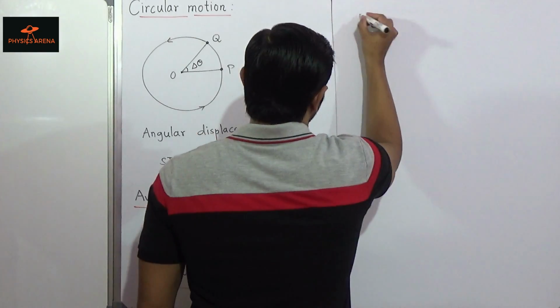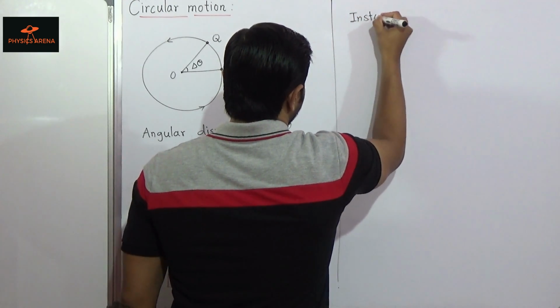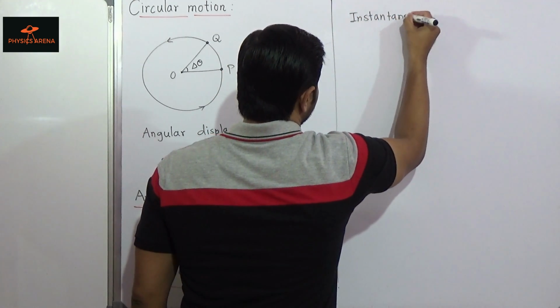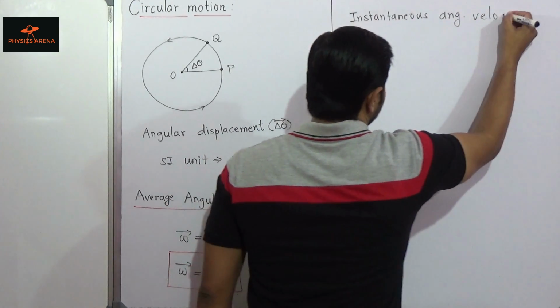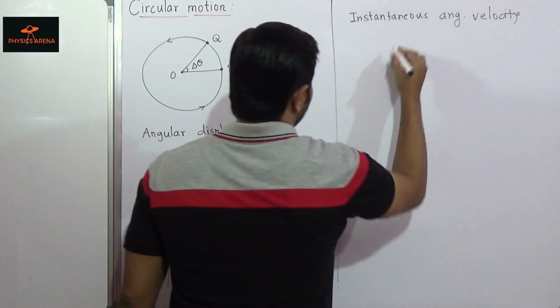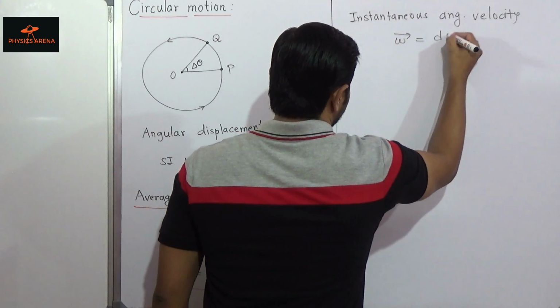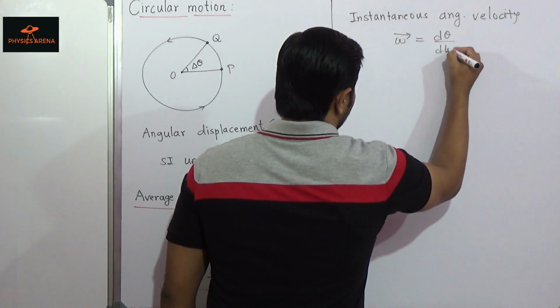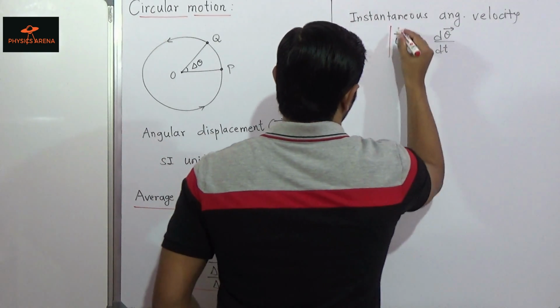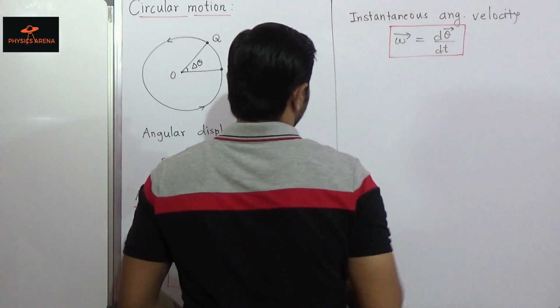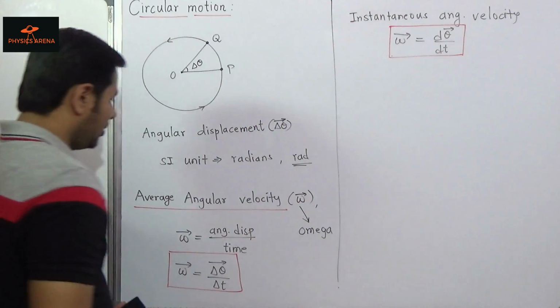So let me write, instantaneous angular velocity is d theta over dt.